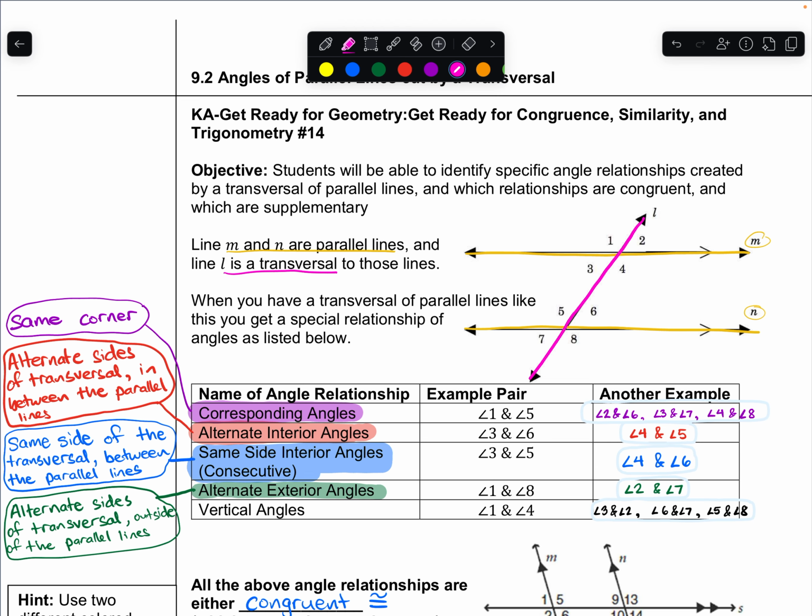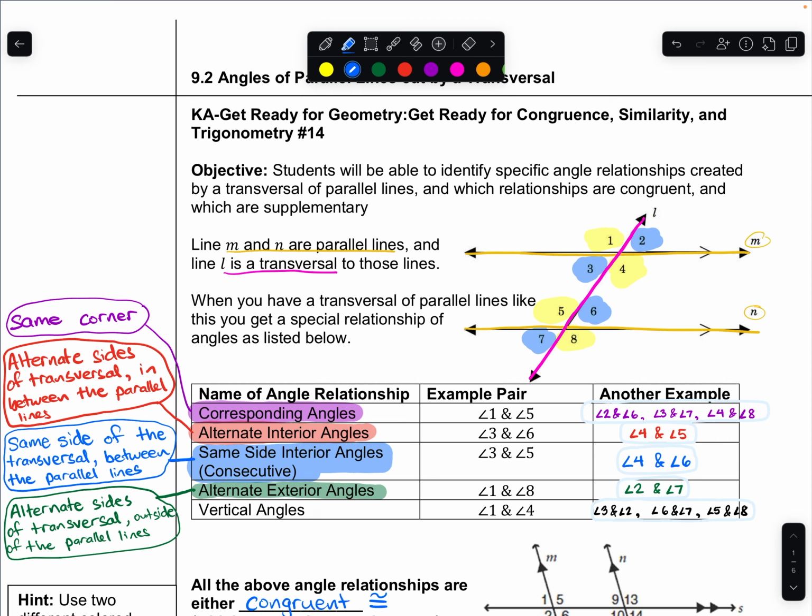Angles, I'll use yellow. All of these angles, 1, 4, 5, and 8, are going to end up being congruent. And if I use a different color, maybe blue, 2, 3, 6, and 7 are all congruent as well.